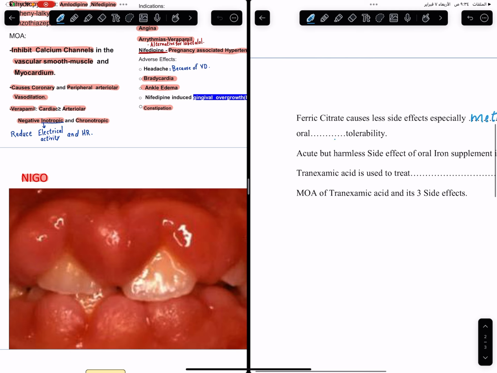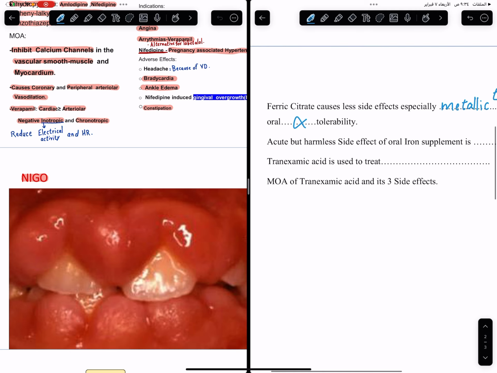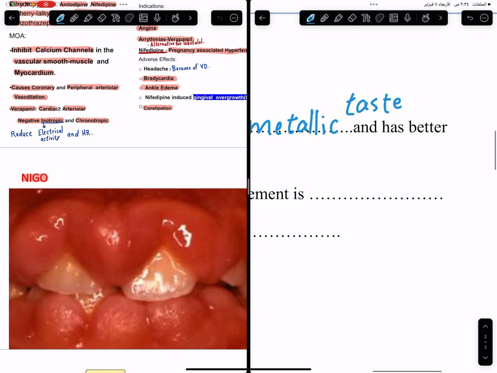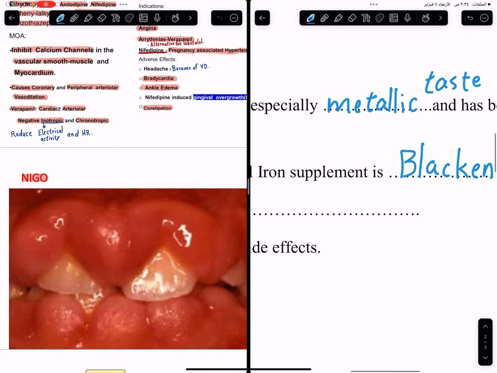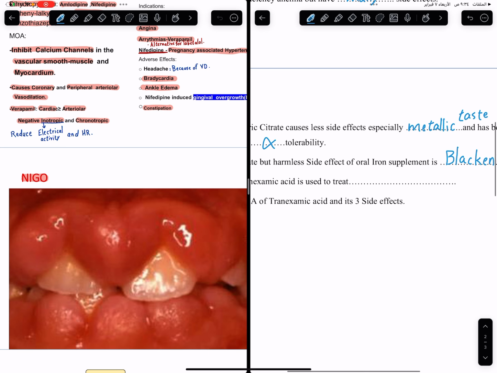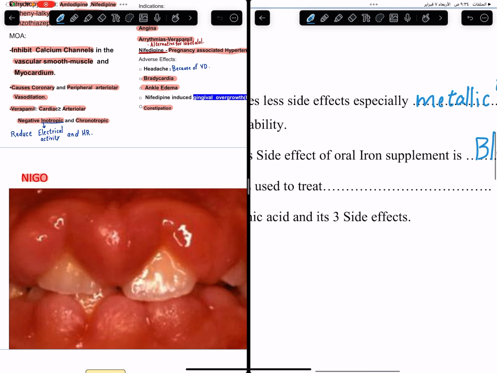Acute but harmless side effect of iron supplements: blackening of the stool. Tranexamic acid is used to treat what? If you get this question, write 2 or 3 clinical uses. Hemorrhage, good.